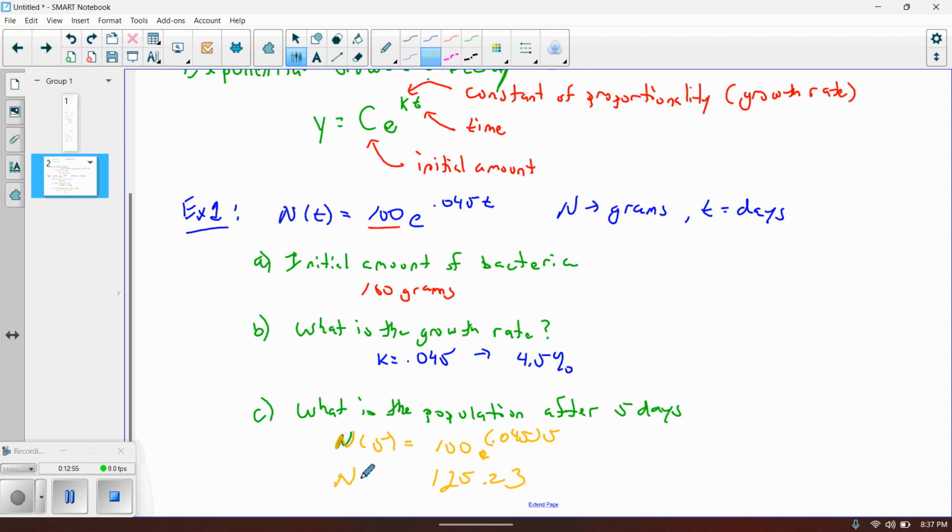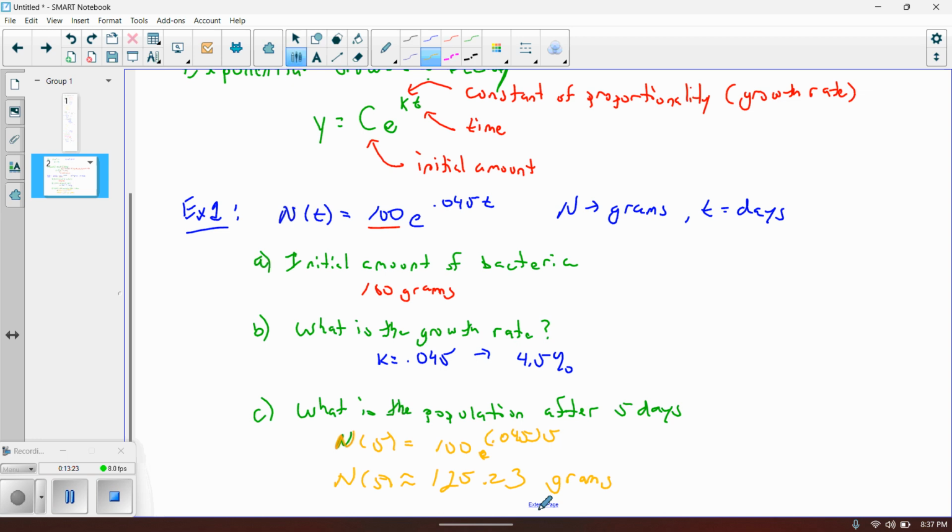So n of 5 is approximately 125.23, and I'm not actually sure in this case if it tells us, I know it's in grams. We're just going to go with grams. Yeah, that'll be good enough.